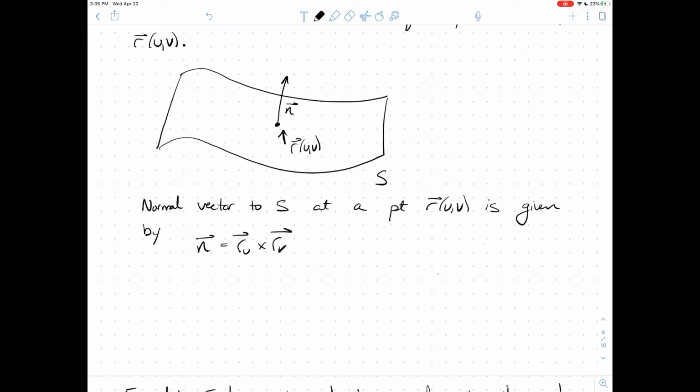Well, it's a natural extension of the way that we've used the partial notation. R partial U is you just take the partial U of each component: X partial U, Y partial U, Z partial U, and R partial V is going to be X partial V, Y partial V, and Z partial V.